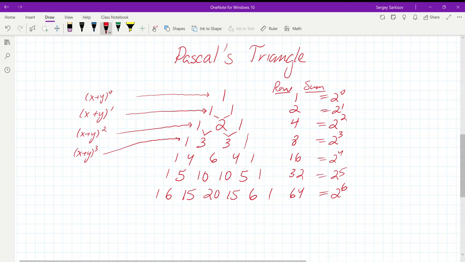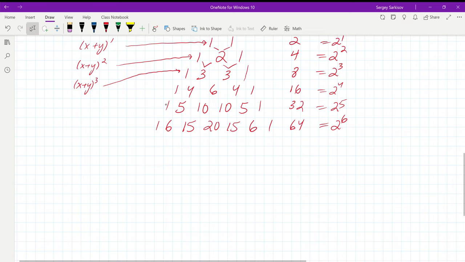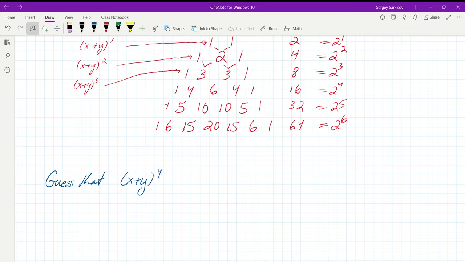So now, as a guess, let's say a hypothesis, guess that x plus y to the fourth is equal to, what happens? We have a 1, 4, plus a 6, plus a 4, and plus a 1.